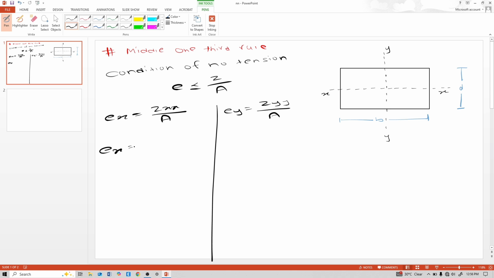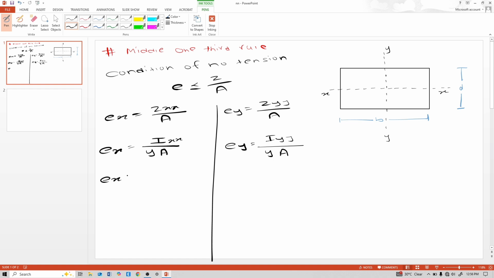So let's solve this sectional modulus. You all know that the sectional modulus is nothing but the moment of inertia divided by y, and the area is as it is. Similarly, here the moment of inertia about the x axis, and here the moment of inertia about the y axis.